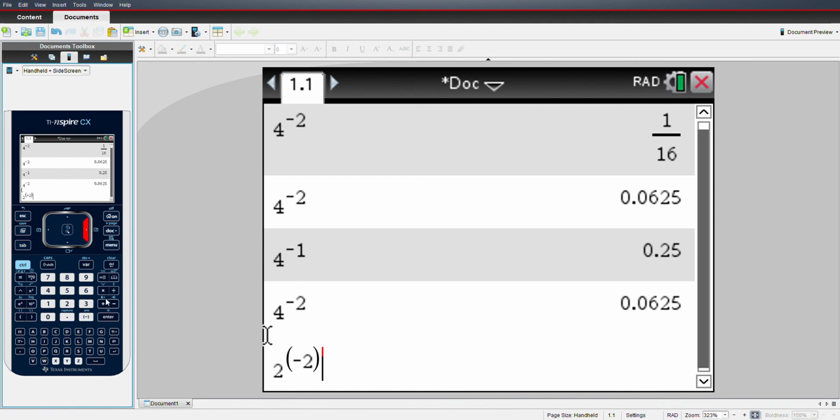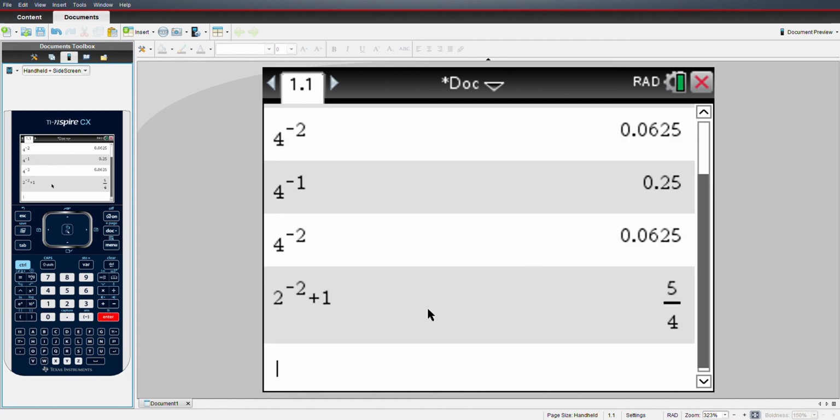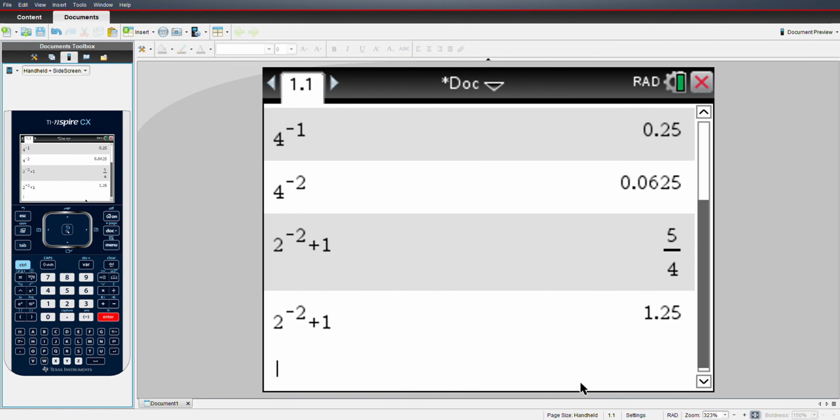So now we can go ahead and do plus 1. As you can see, the plus 1 is not on the exponent anymore, it's outside of it. And that's what the equation represents. The plus 1 is outside of it. Once you are done, make sure you press enter. Once again, if you get a fraction, you just do control enter. And there you go, that's your answer for the first part.